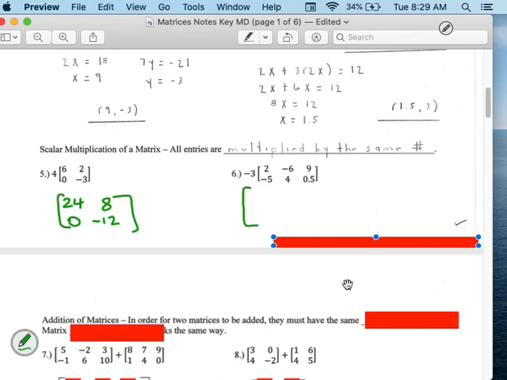So our entries here would be negative 6, positive 18, negative 27, positive 15, negative 12, and negative 1.5. Next page.